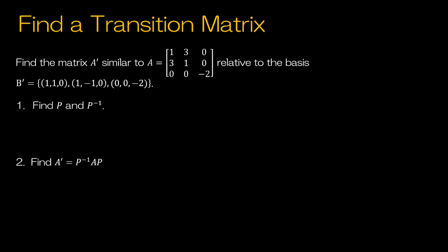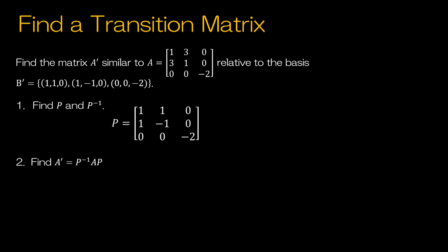For our last example, we're going to use a 3 by 3 matrix. So we're given matrix A. We're given the basis B prime is 1, 1, 0, 1, -1, 0, 0, 0, -2. We're going to begin by finding P, and P is just using that non-standard basis. So 1, 1, 0, 1, -1, 0, and 0, 0, -2.